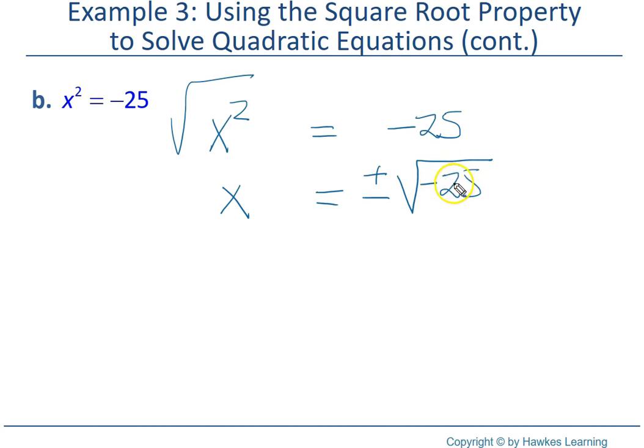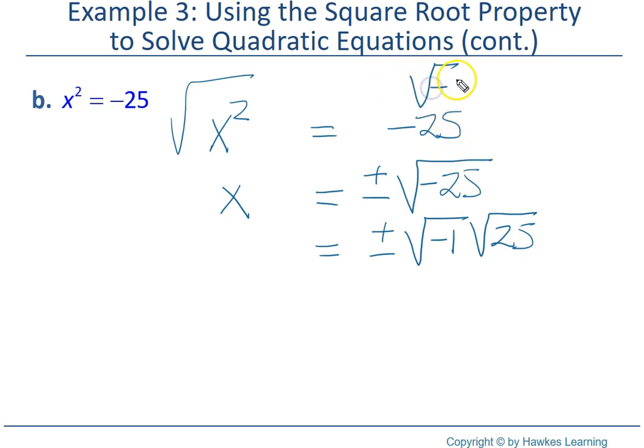Now, I'm going to introduce this a little bit here. When that happens, what we do is we go plus or minus the square root of negative 1 times the square root of 25. Now, I slipped this in a little earlier, the square root of -1 we said was equal to the letter i, this imaginary number that stands for this.